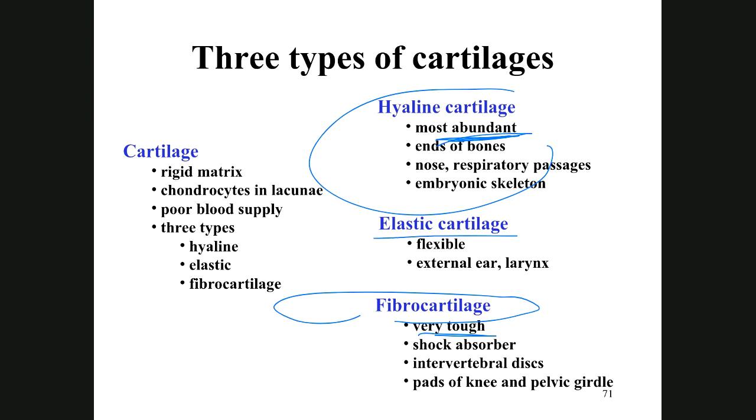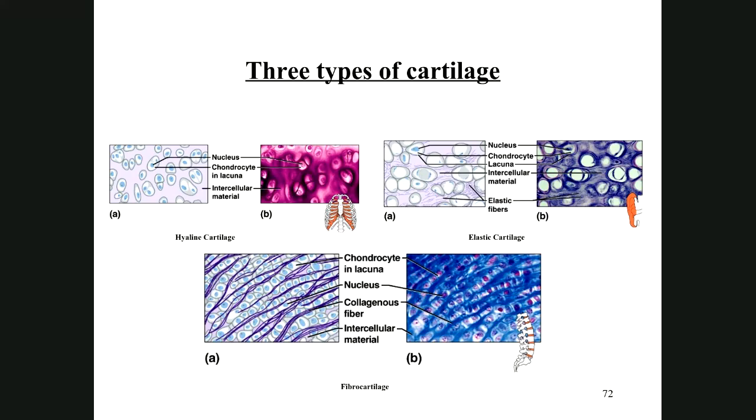You can see here different types of cartilage. At the ends of long bone or any bone, you have the hyaline cartilage. The elastic cartilage gives you elasticity.